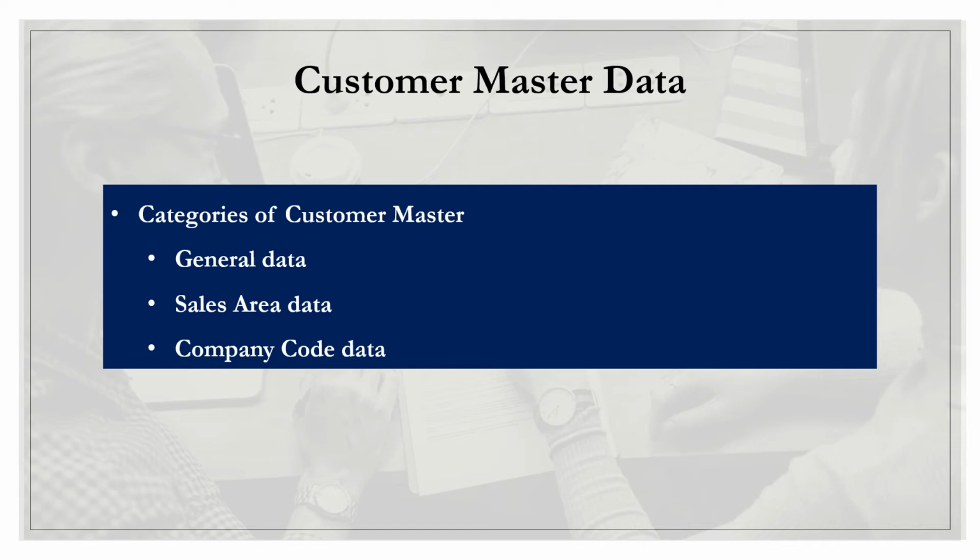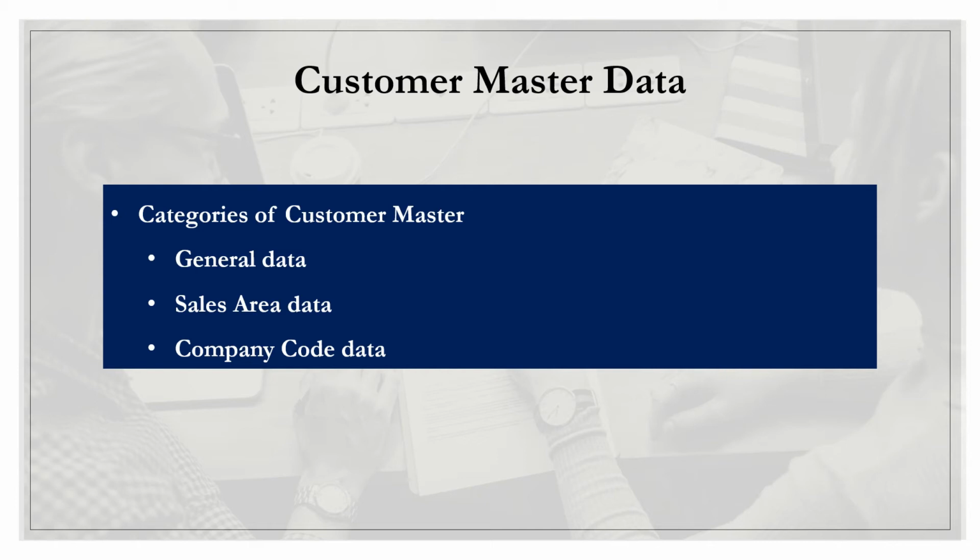And when it is stored centrally like this, it is valid for all organizational levels within one client. We talk about organizational levels a little bit later. Sales area data is valid for sales organization, distribution channel, and division.